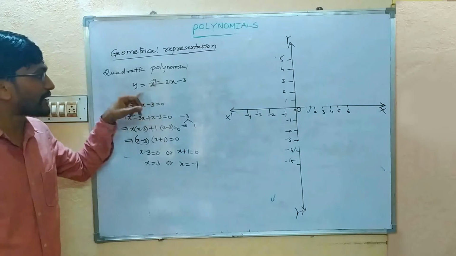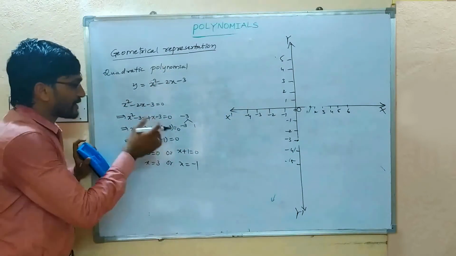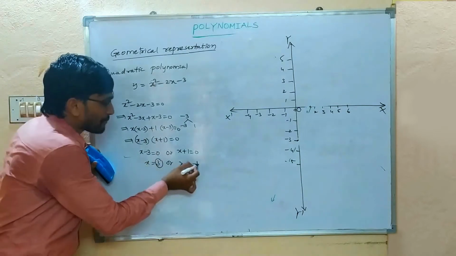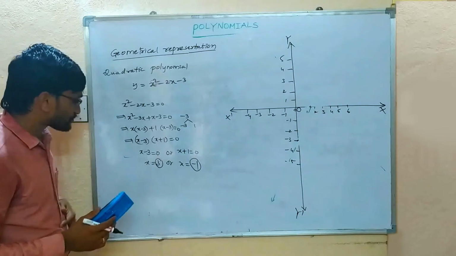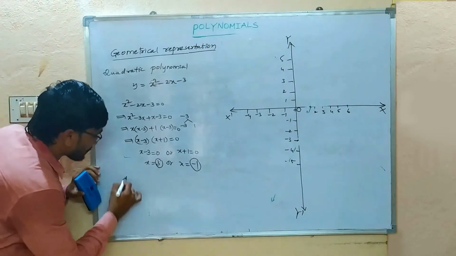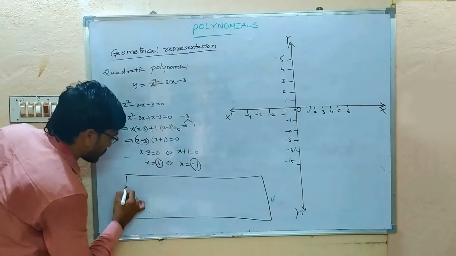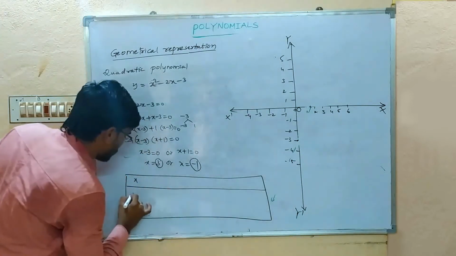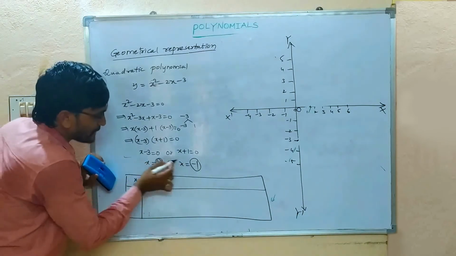Then after that we can draw a table, and then we can draw the graph of that polynomial. Here the zeros are 3 and minus 1. How can we draw the table? Very simple. x, y. What are the zeros we got? 3 and minus 1.